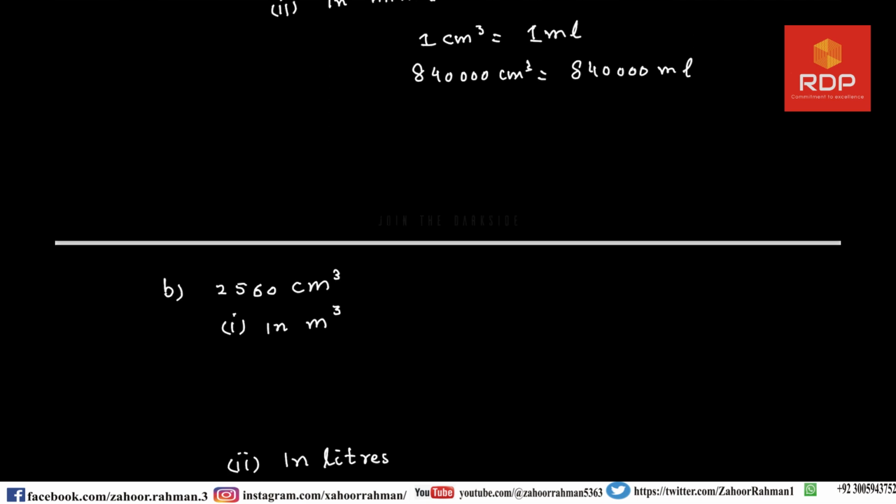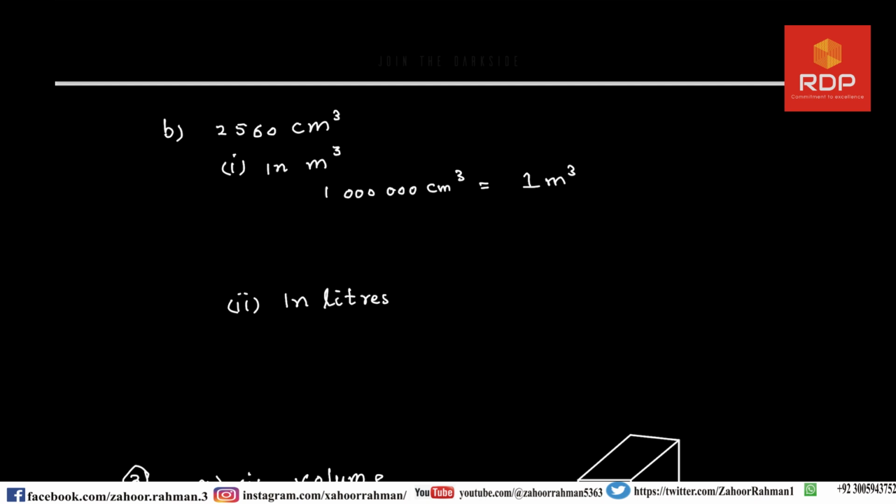Similarly, in the B part, we are going to convert 2560 centimeter cube into meter cube. So here I am writing 1 million centimeter cube is equal to 1 meter cube.